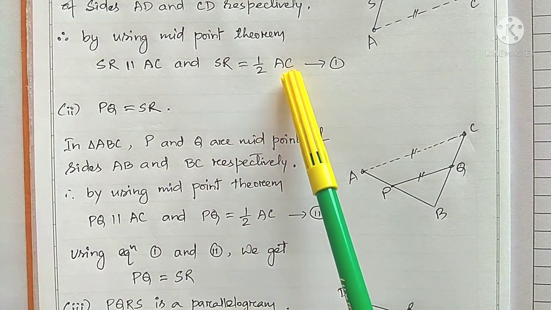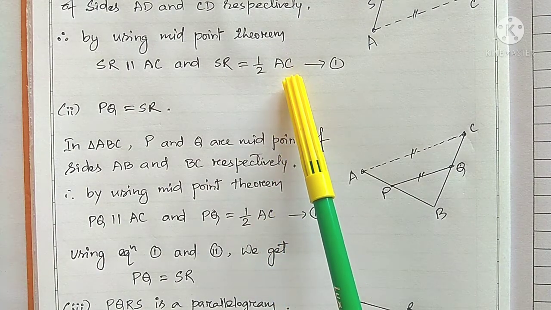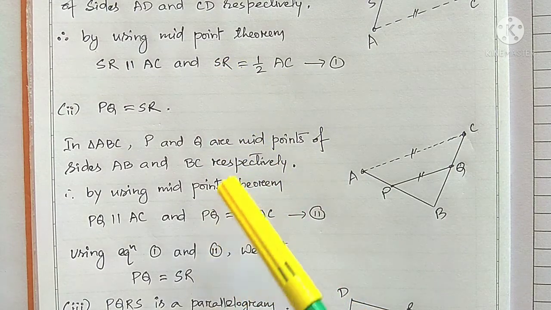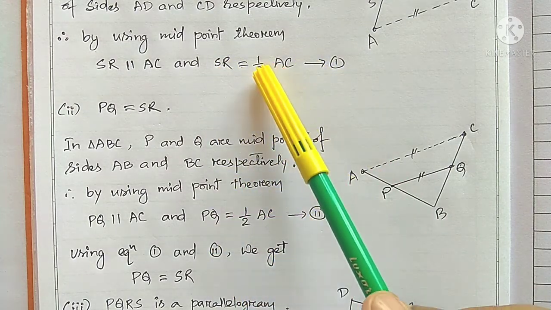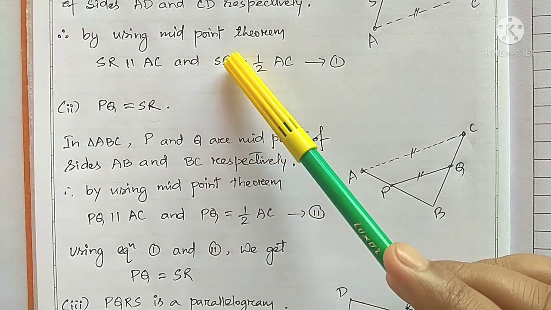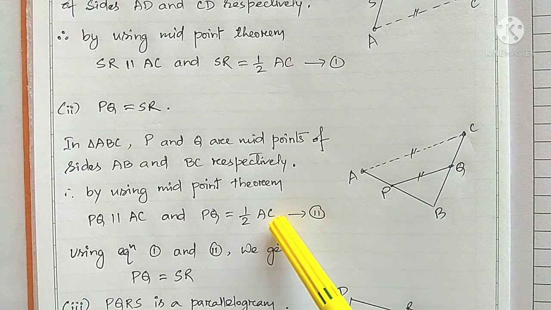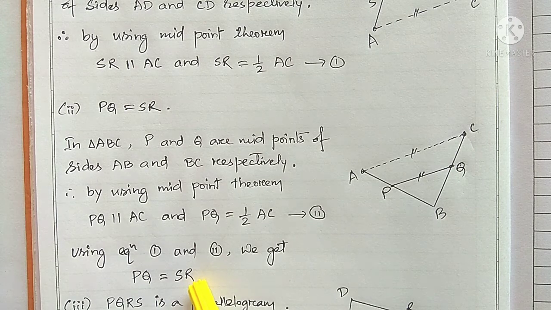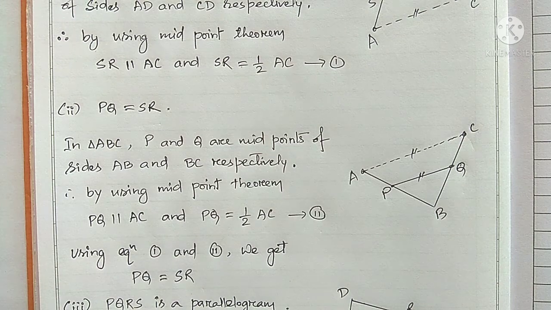If the right hand side parts are equal, then obviously the left hand side parts are also equal. So that's why we write here PQ equal to SR. Is it clear? So this one is our second part proved.